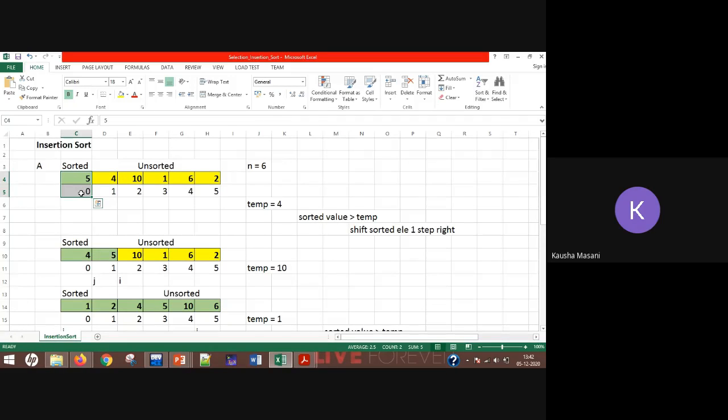I want to find an appropriate place for this value 4 in my sorted list.